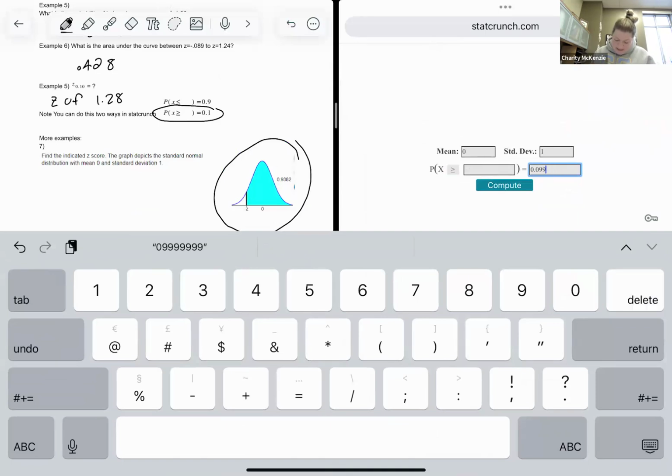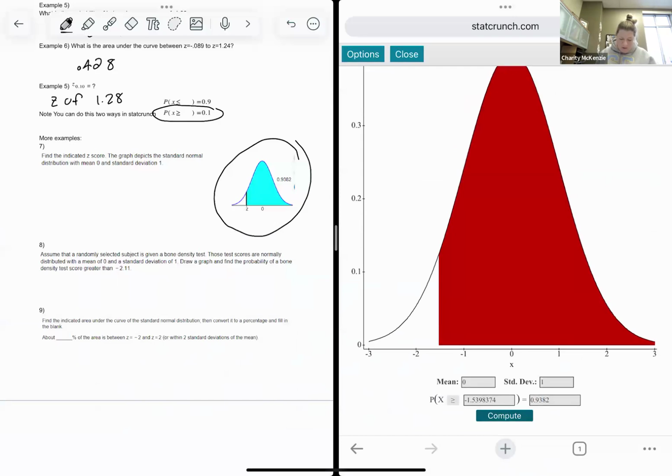Take this off and put in your probability of 0.9382. And there we go. It would say a z of negative 1.54. So you can do it from a picture, and they could give you the z as well, and you find the probability, either one.